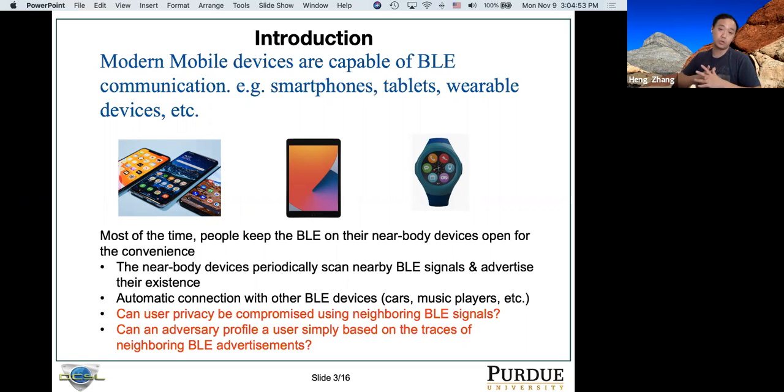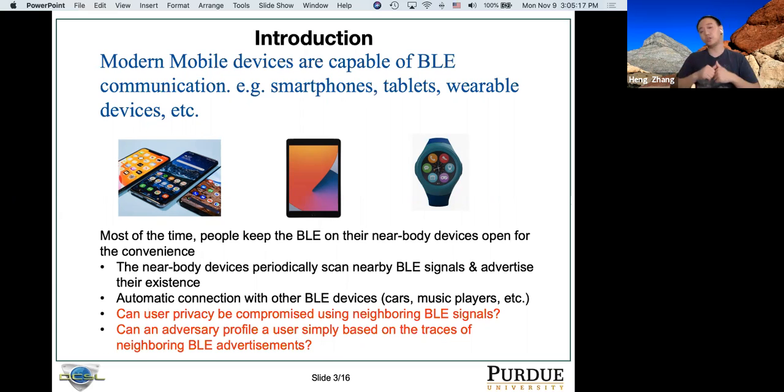This design choice is intended for the convenience of users, like automatic connection with other BLE devices, like your music player or your car. When you go into a car and start it, you'll notice the smartphone automatically connects with the car. This is all enabled by keeping the BLE function on your mobile device operating all the time.